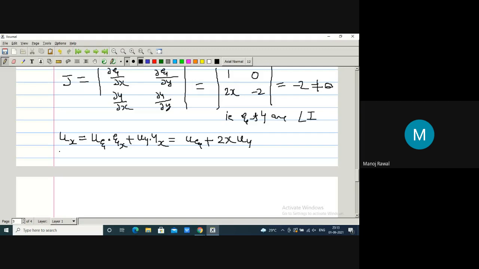Who else will tell me the new parameter we require? What will be uy? U xi into xi y plus U eta into eta y. Yeah, I have written it wrongly. You typed it okay.